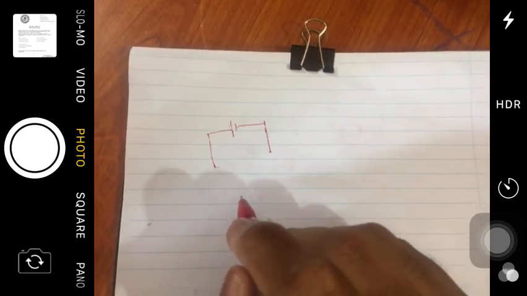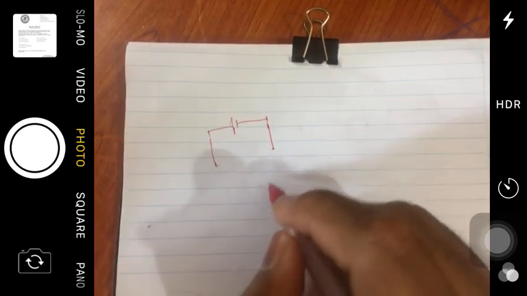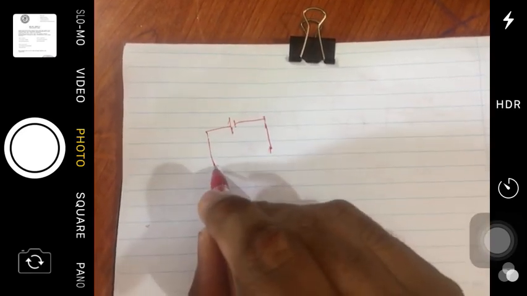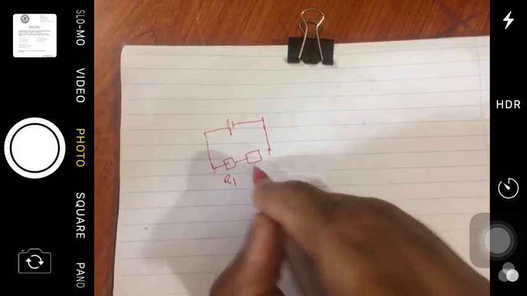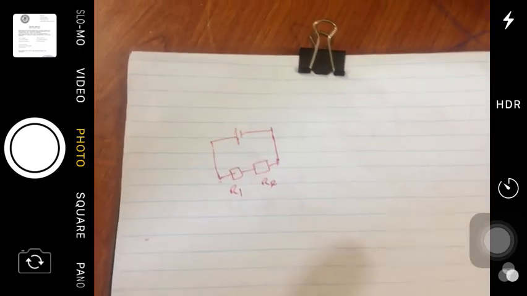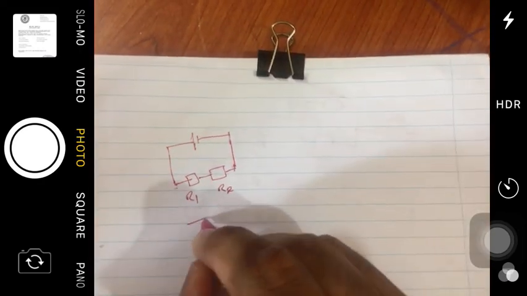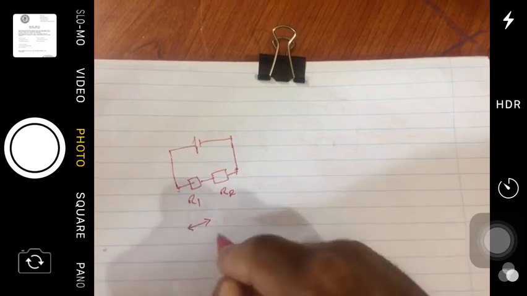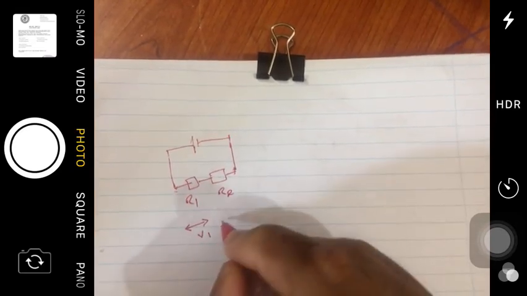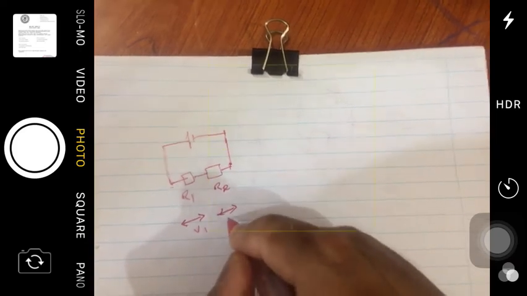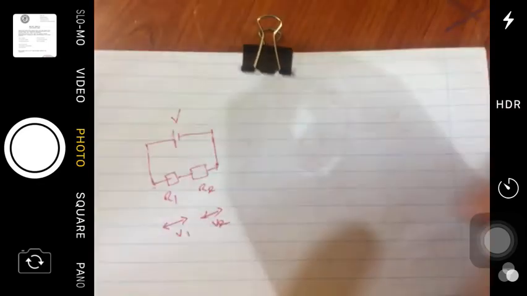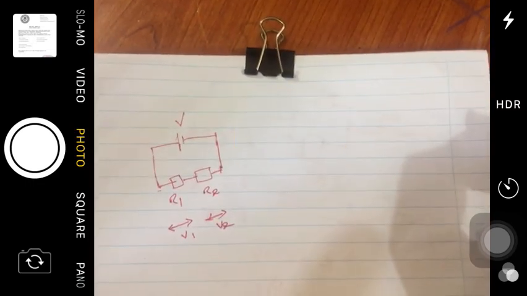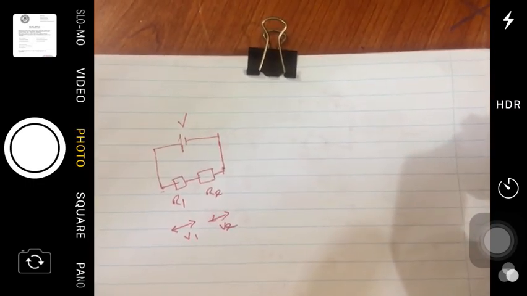And you have two components, R1 and R2 connected in series, right? And we're going to say that the potential difference across R1 is V1 and the potential difference across R2 is V2. Okay? And let's say that the terminal potential difference of the battery is V.